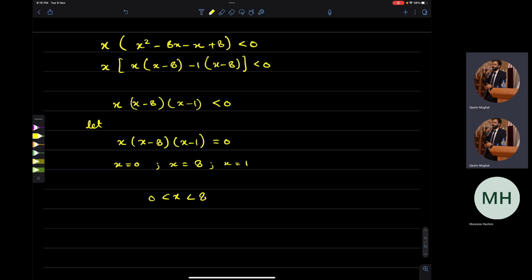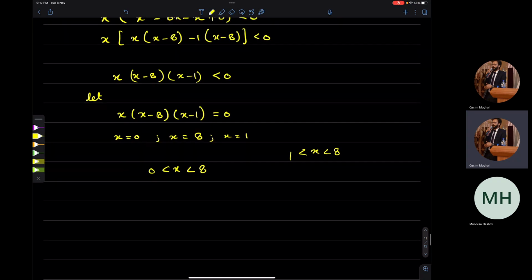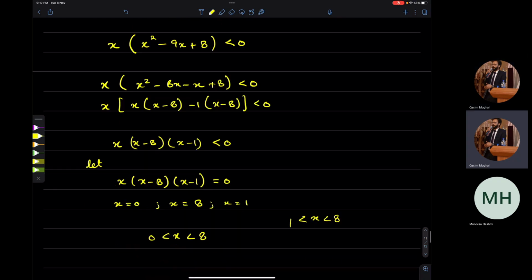Oh, wait. x is not equal to 0. Actually, check your answer first. If it's not equal to 0, then x is greater than or equal to 1, and then 8 is greater than or equal to x.